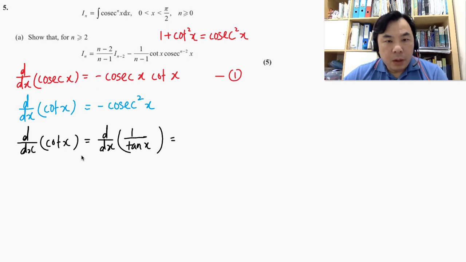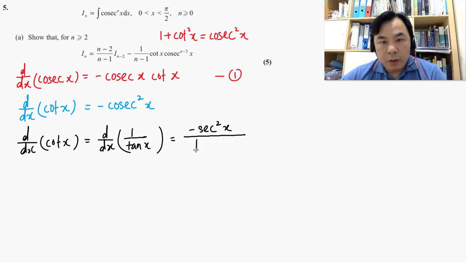As the result of the quotient rule, I would be able to reach this conclusion. Let me take a shortcut and show it to you here. I will end up with negative secant square x over tangent square x.